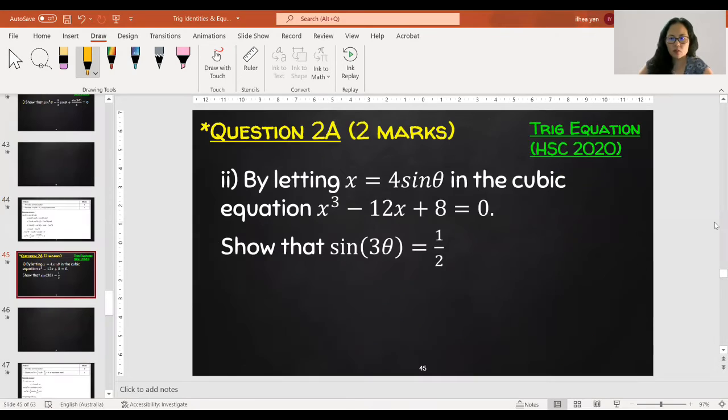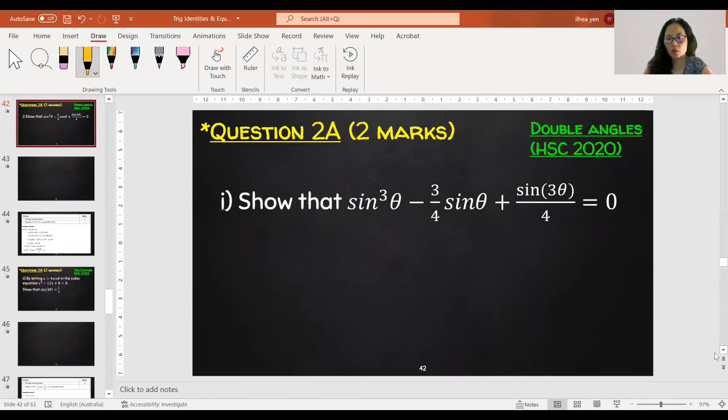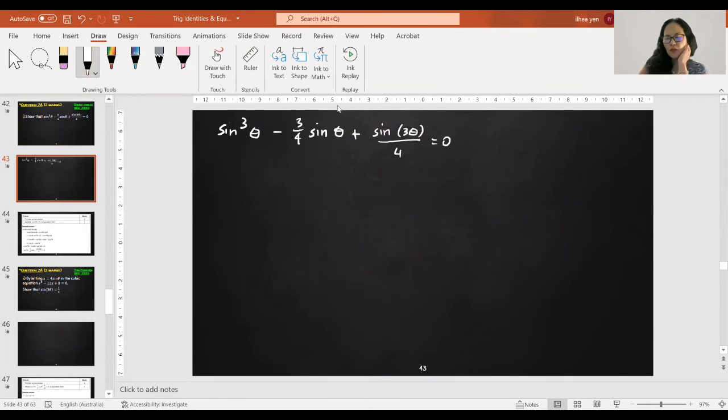Excellent. Next one. Okay, this one is showing using double angle. Which one will be the most problematic one for us? I think this one. So I'm going to work on that to make it as simple as possible. So we're going to use the double angle here. So obviously I'm going to go with 2θ plus θ. It's not too bad.